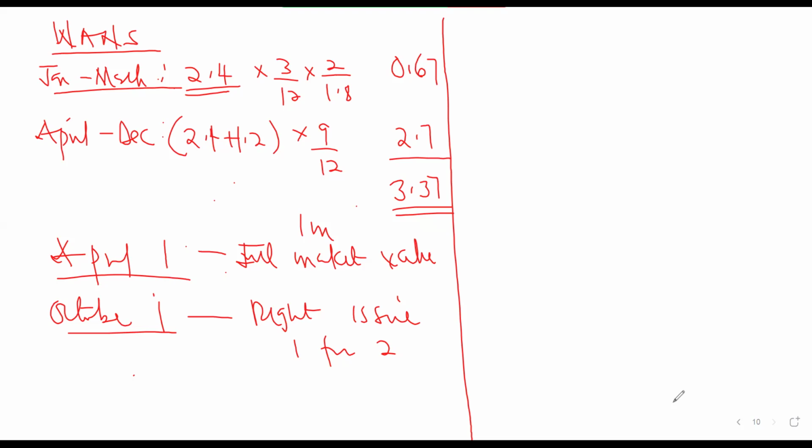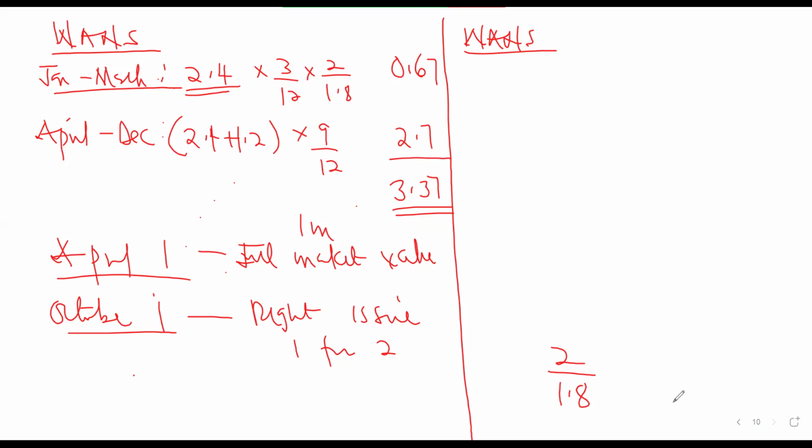If you want to find the right issue fraction, let's assume that the right issue fraction is 2 over 1.8. Let's assume that it's the same figure here. If you want to calculate your weighted average number of shares now, you'll be having January to April 1.